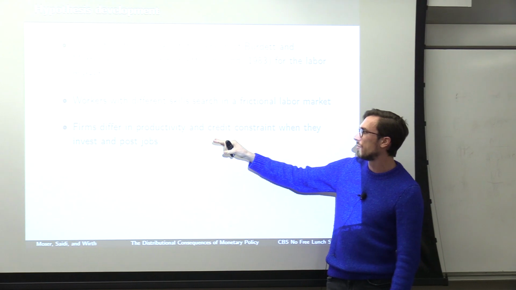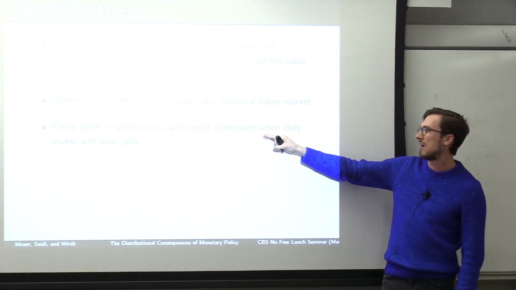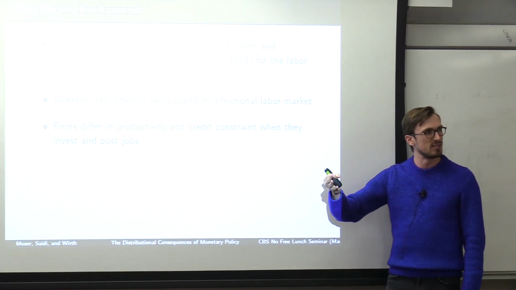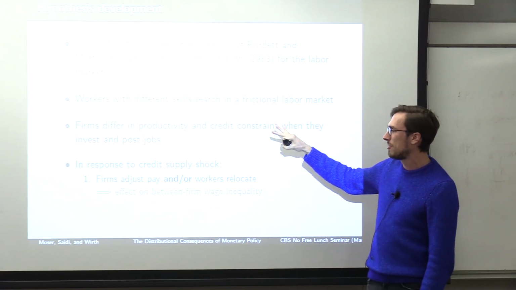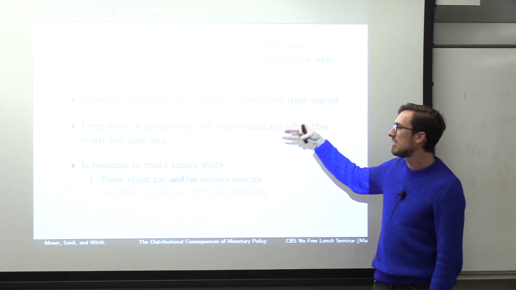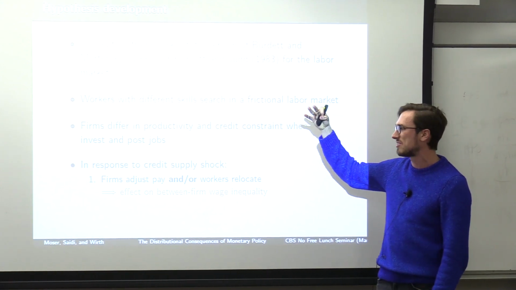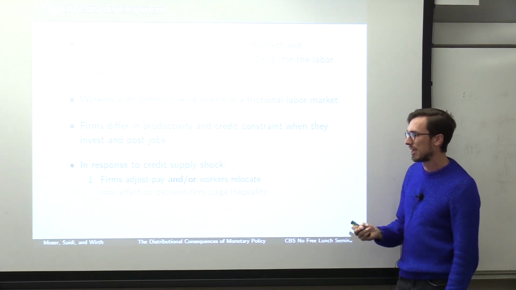Now, these firms are not only differentially productive, they may also differentially rely on credit supply from banks in order to operate their day-to-day business. Now, in this world, let's think through what happens if I now change the credit supply to one of these firms in this fictional world that we're thinking about.